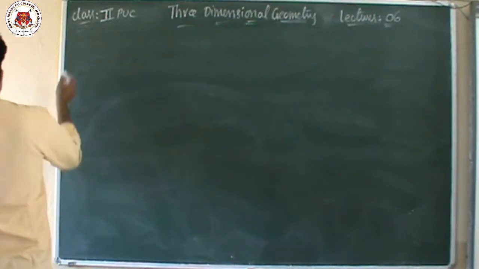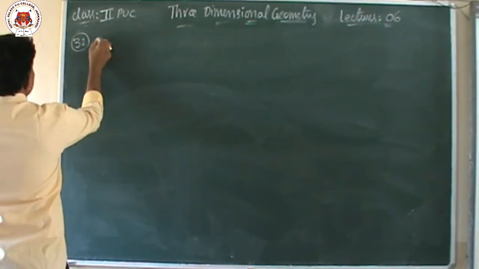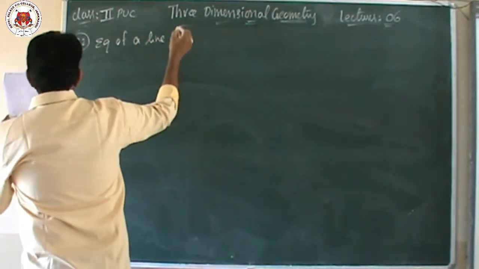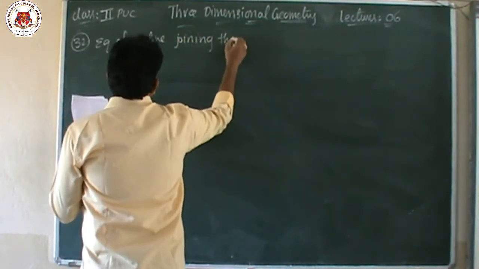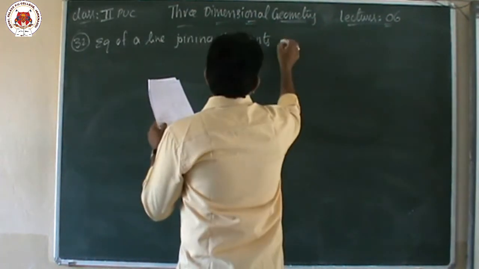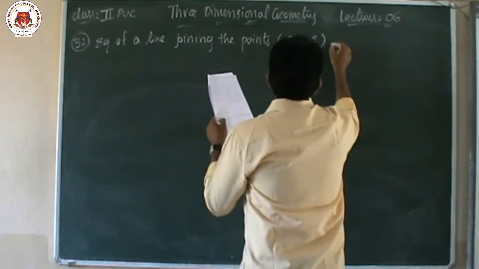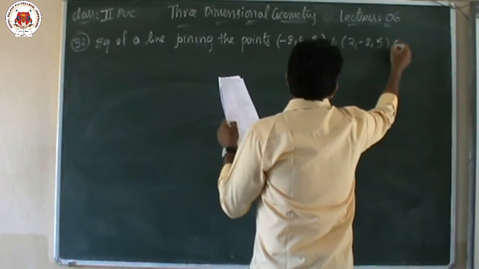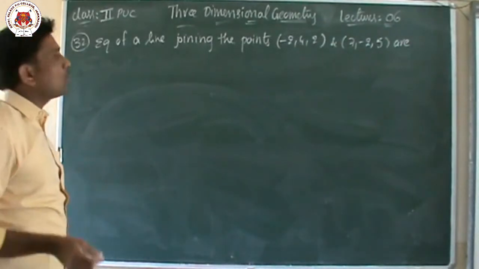The 32nd question: the equation of a line joining the points minus 2, 4, 2 and 7, minus 2, 5. So this is the equation of a line which is joining two points.